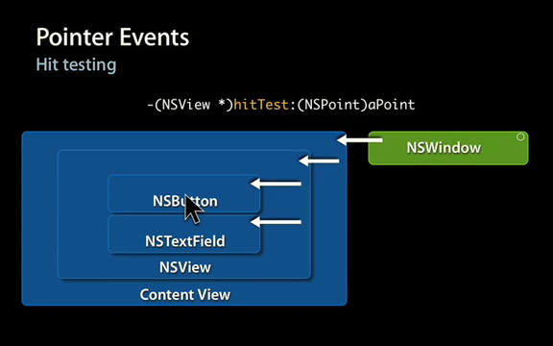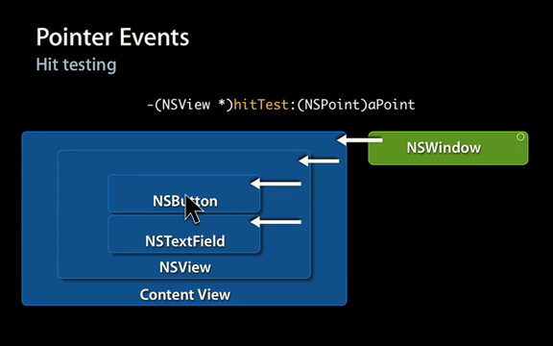So in this window, we'll ask its content view to do a hit test, and by default, NSView looks at all of its subviews, and it does the appropriate hit testing on each one of those subviews, and those subviews ask their subviews, and this continues on down, until finally we get to NSButton. NSButton doesn't have any subviews, and NSButton wants to be the appropriate view for this event.